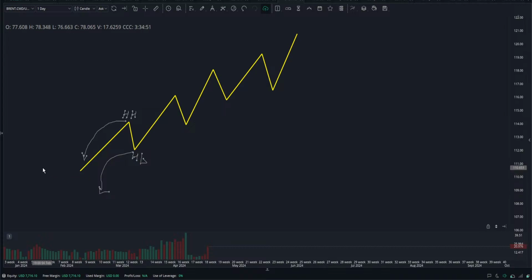So if this is the case, then something like this would have been here. So this is a higher high and this is a higher low.